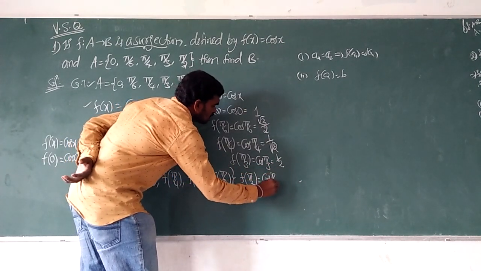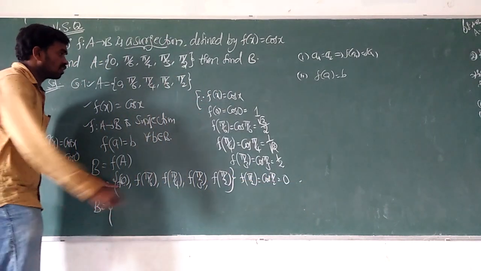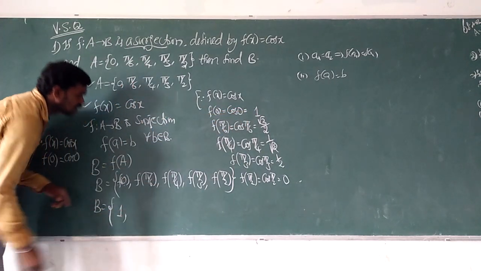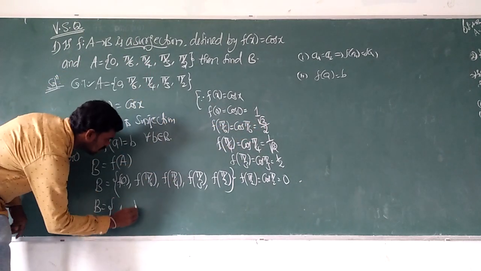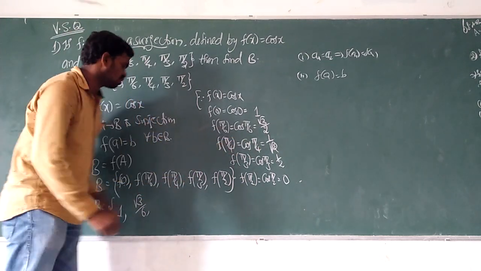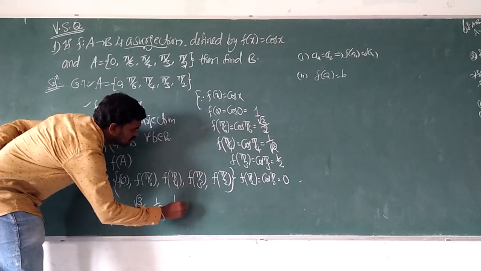The value of cos pi by 2 is 0. So what is f of 0 value? 1. Comma, f of pi by 6 is root 3 by 2, f of pi by 4 is 1 by root 2. Next 1 by 2. Next 0.